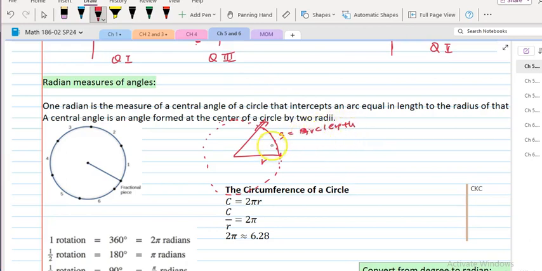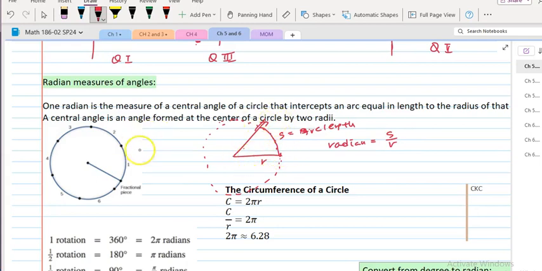If this angle sits in the center of the circle, it becomes the central angle. The radian tells us how much the two rays spread out, which is s over r. It tells us how much arc length this is relative to r.